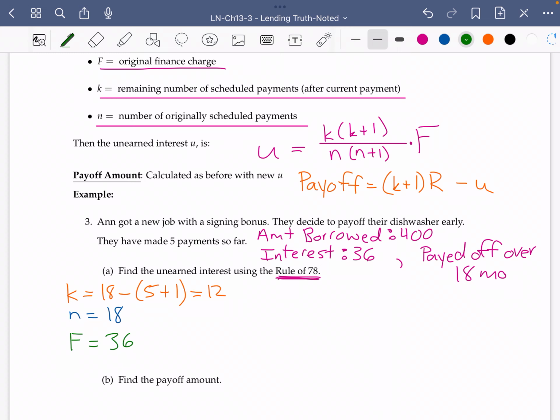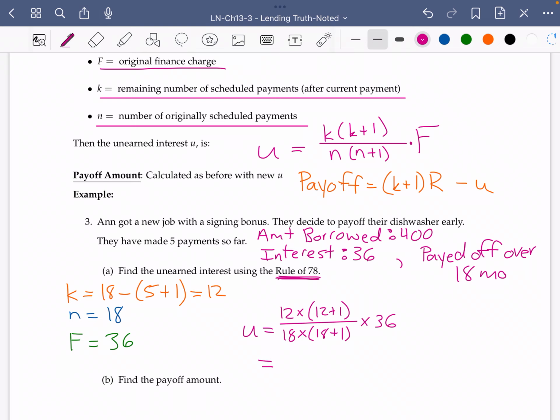And so to calculate their unearned interest, they're going to take the 12 times 12 plus 1 divided by 18 times 18 plus 1 times 36.